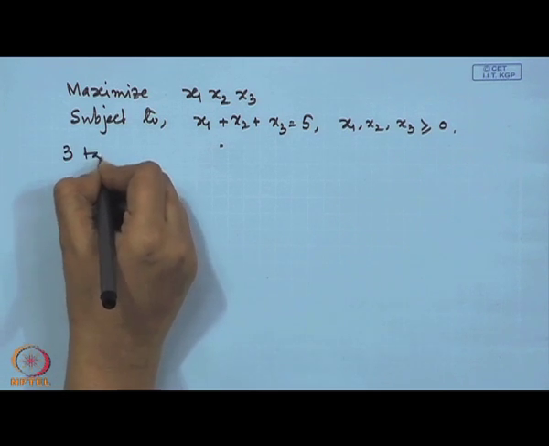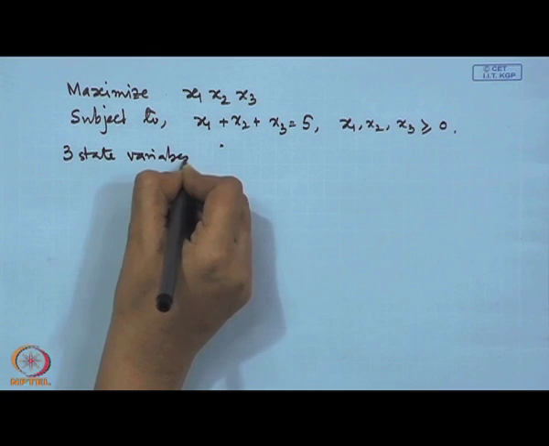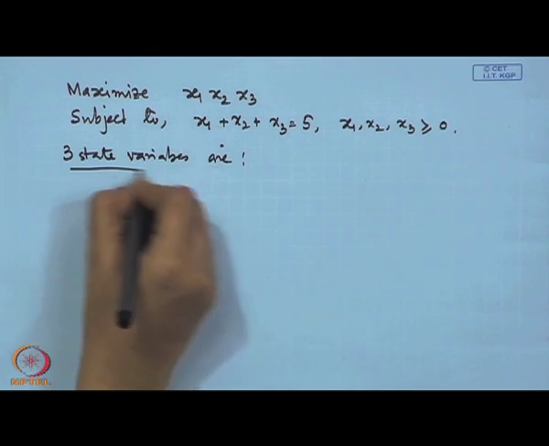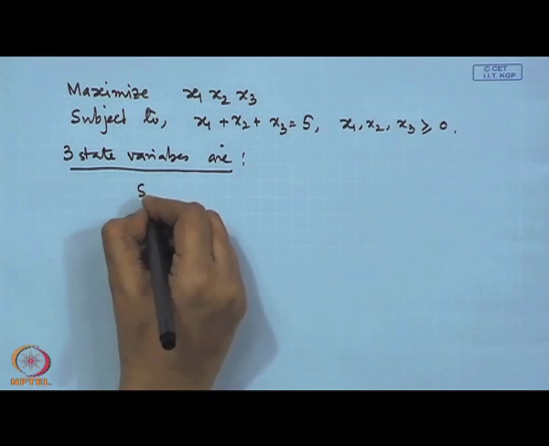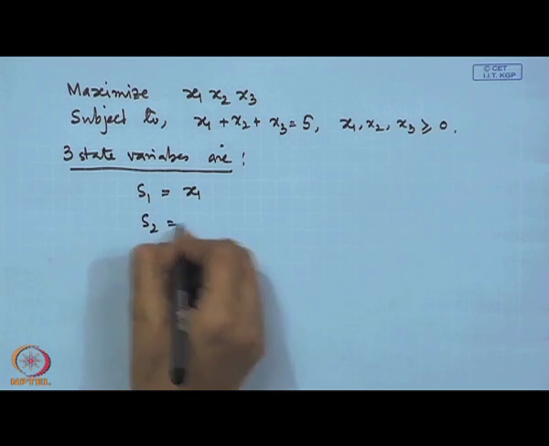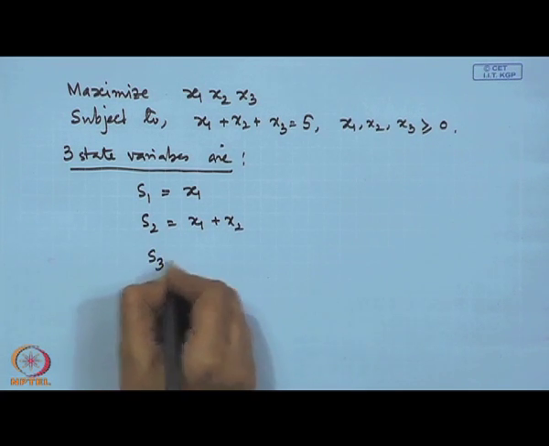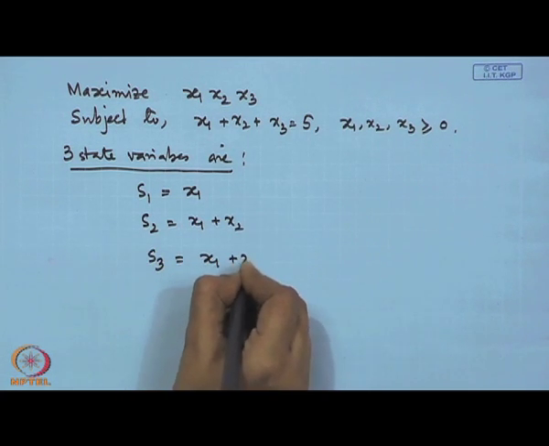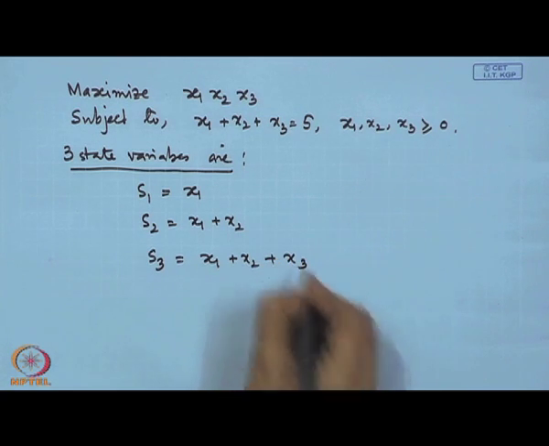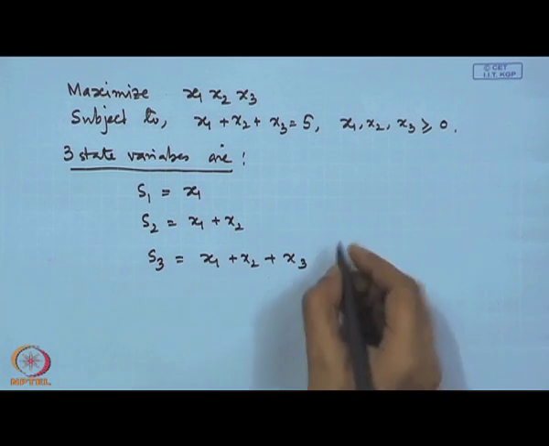Therefore, let us define 3 state variables as S1 is equal to x1, S2 is equal to x1 plus x2, S3 is equal to x1 plus x2 plus x3. These are the variables we are considering, as we did for the previous general model, the same model it is.